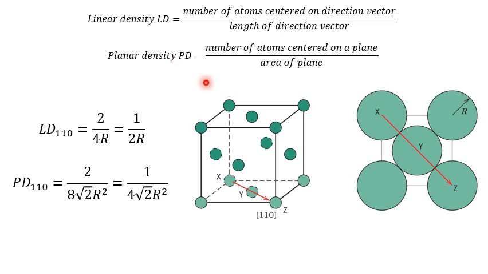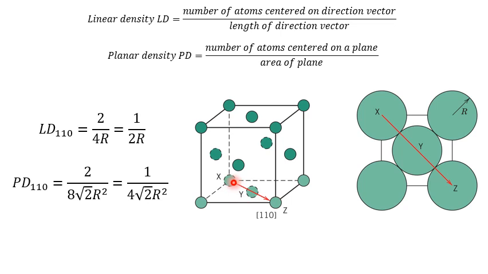Let's take the FCC crystal structure as an example. The linear density means the density of the atoms in a particular direction.